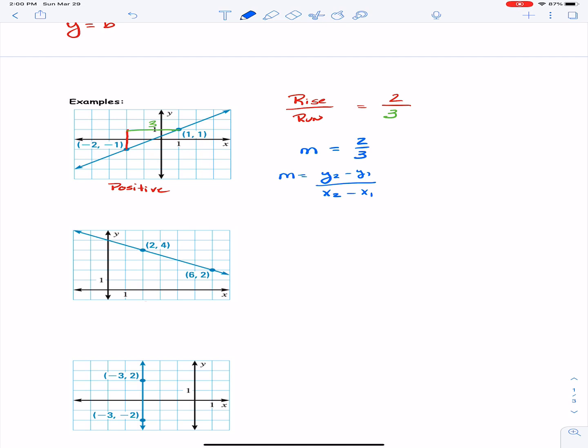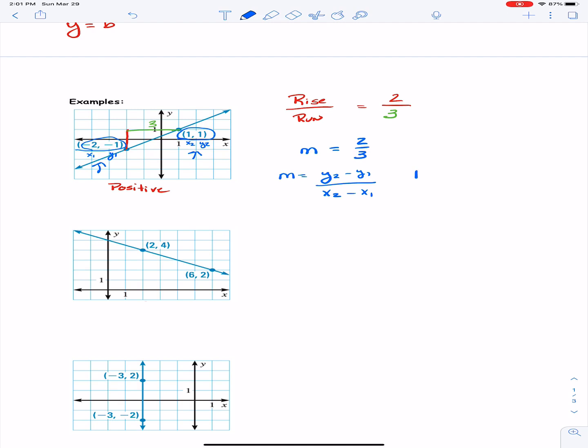Now remember, these numbers, sub 2 and sub 1, just mean I want to take the second point and subtract the first point from it. Okay? So this is my x sub 2, y sub 2. This is x sub 1, y sub 1. So this is my first point because it's on the left, and this is my second point because it's on the right.